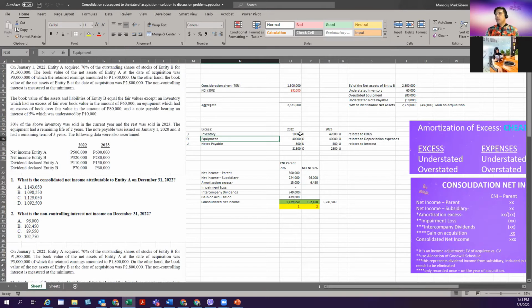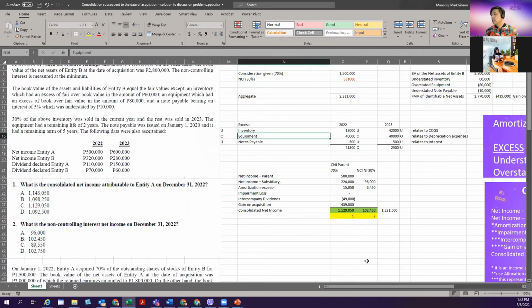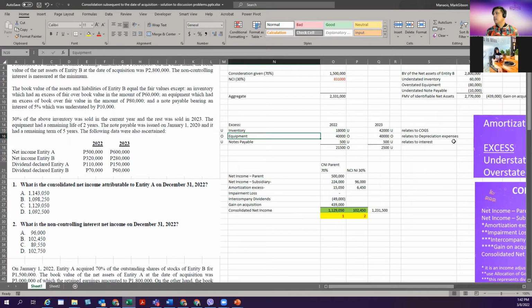Sige. Unahin muna natin syempre yung pag-calculate ng difference between the consideration and the fair market value of identifiable net assets. Sige, try natin.